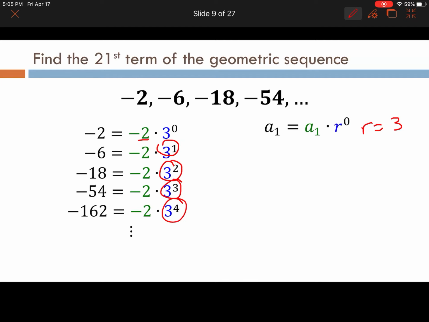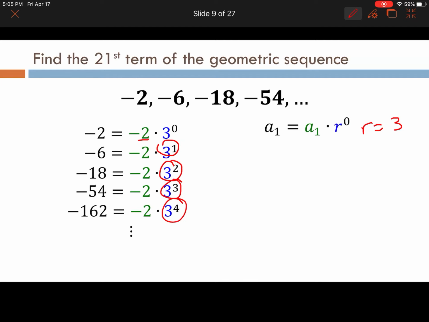So if we look at that in general terms, a sub 1 is a sub 1 times r to the 0. A sub 2 is a sub 1 times r to the 1.